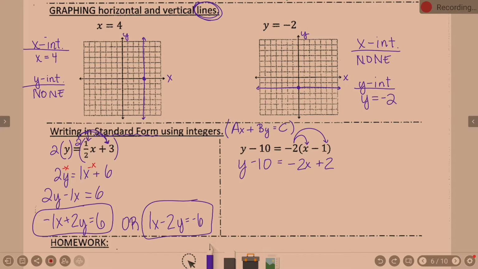The opposite of a negative 2x is a positive 2x. So we're going to add 2x. When we add 2x on the left, we do it on the right, but there's no other x's over there. So I'm going to put it out front and say 2x plus y minus 10 equals 2, because my negative 2x and plus 2x cancel.